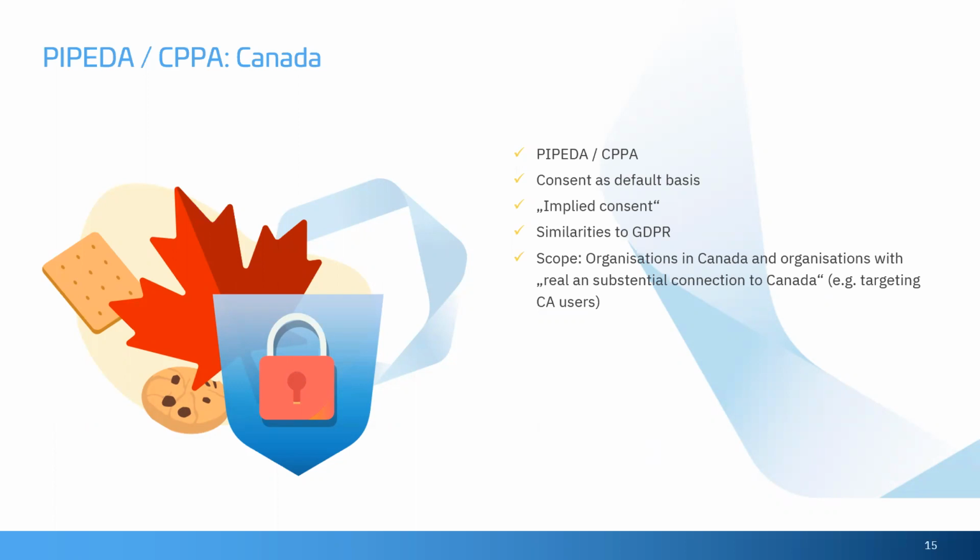The scope of PIPEDA or CPPA is organizations in Canada and organizations with a real and substantial connection to Canada.